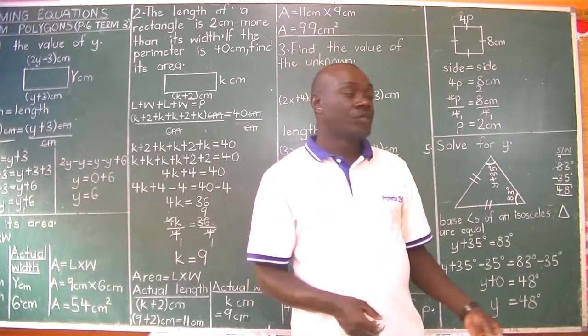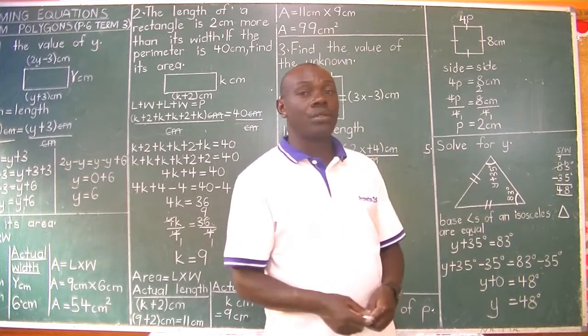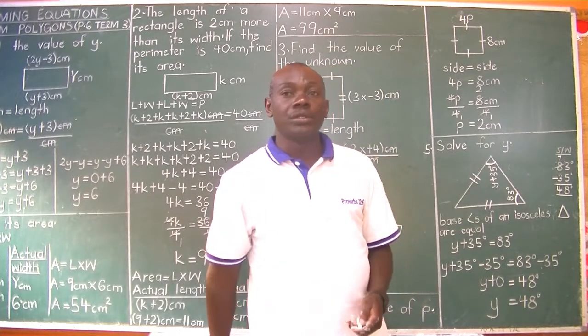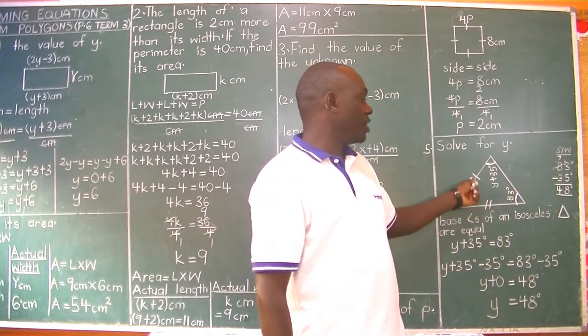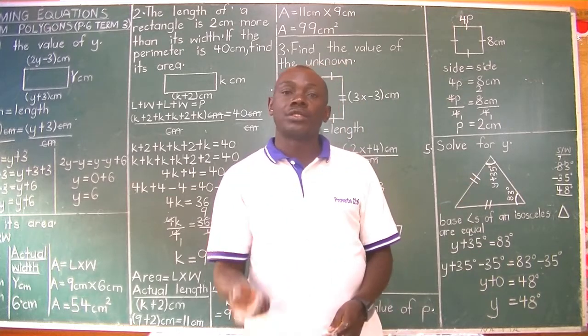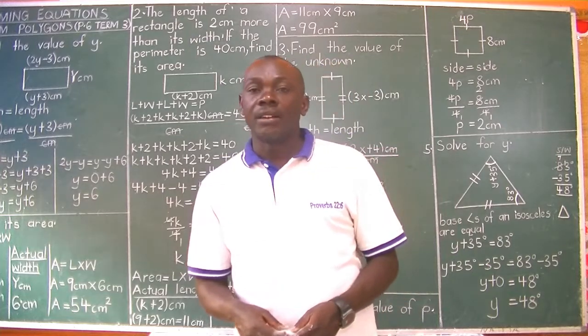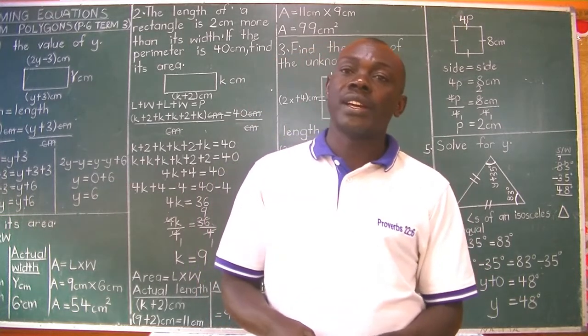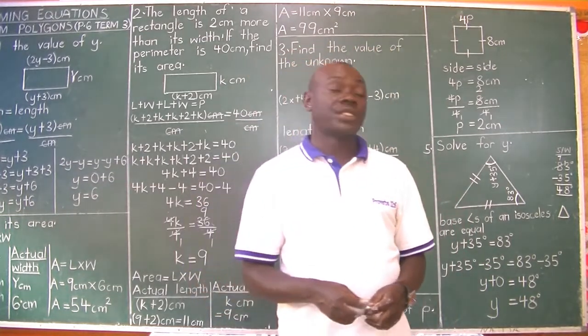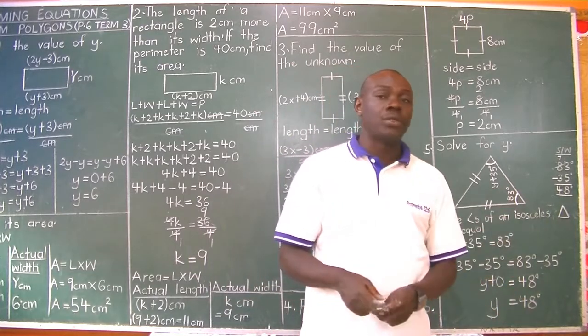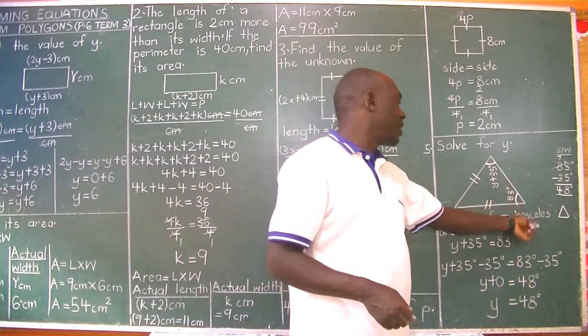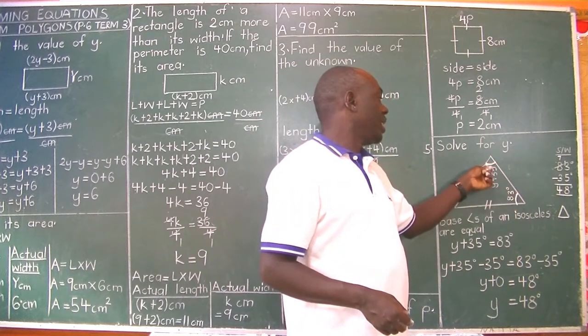But all in all, one must know that it's a triangle. Not only must you know it is a triangle, but also know the type, which is isosceles. And don't stop there, know the behavior of the angles inside. As a triangle, we say base angles of an isosceles triangle are equal. Now this is the base, this is the angle at the base, and this is the angle at the base.